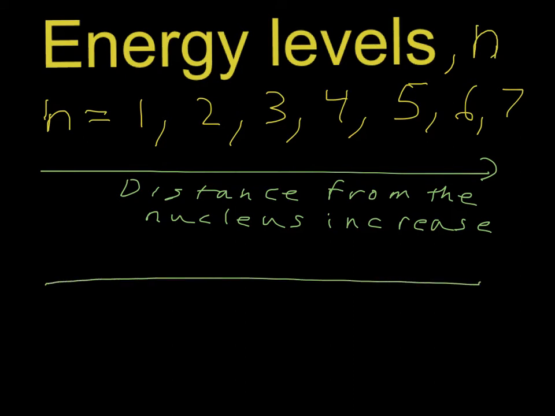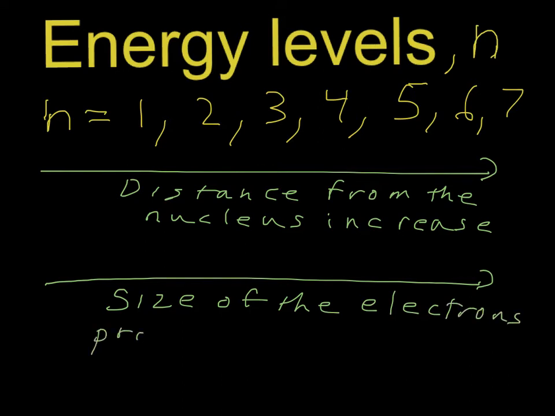The second trend is the size. I'm having trouble spelling today. The size of the electron's probable location increases. In other words, the seventh energy level is much larger than the first energy level.